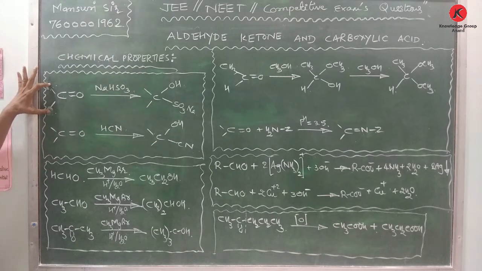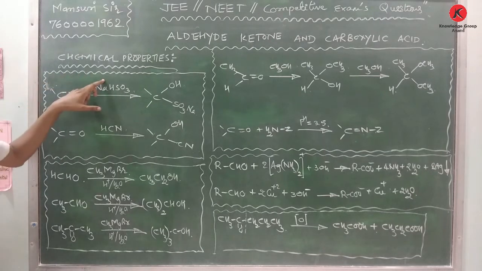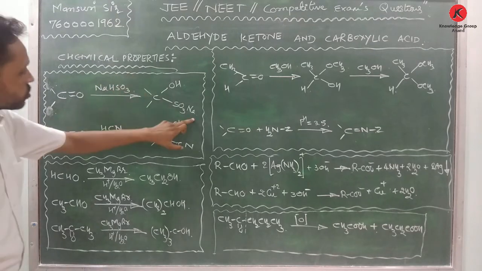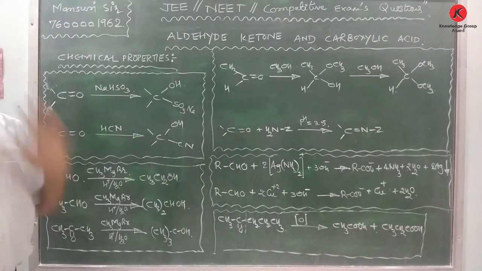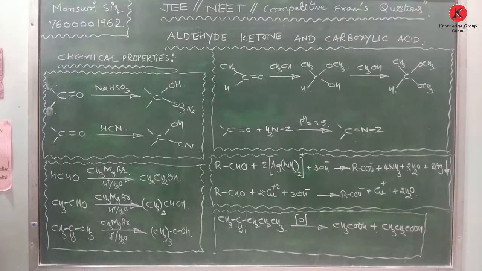But when acetone reacts with sodium bisulfite, then acetone sodium bisulfite is obtained. This is an addition reaction. Similarly, when both sides are hydrogen, or one side methyl and one side hydrogen, then it will be known as aldehyde. But whenever two alkyl groups are there, it will be a ketone.